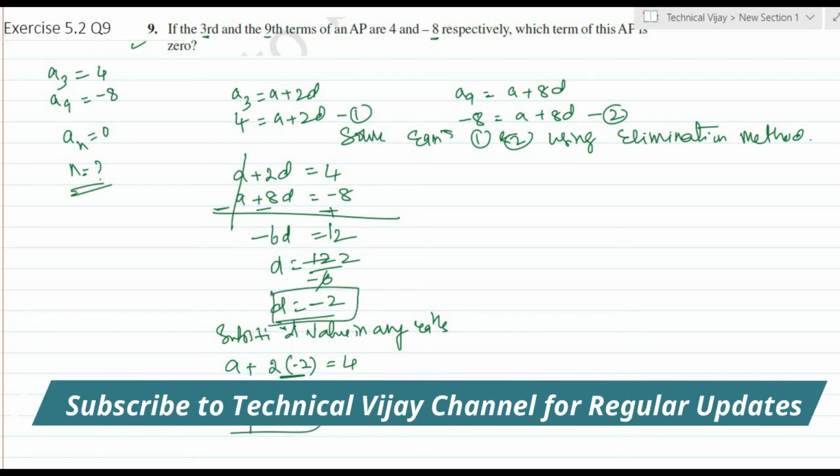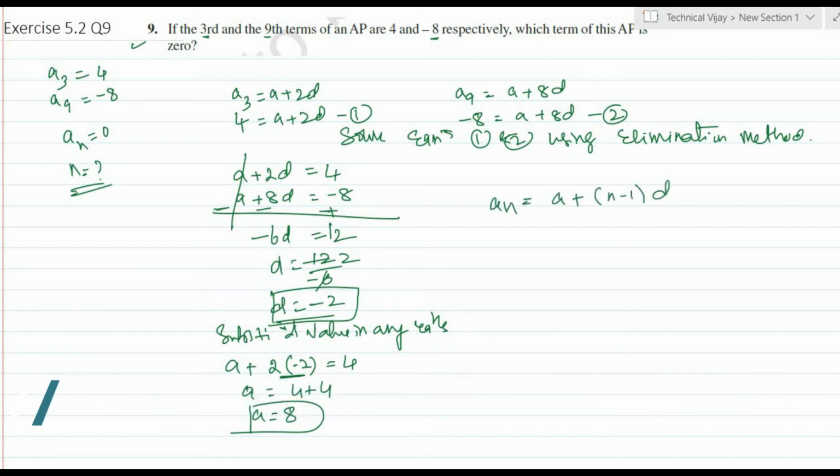So here An we have to calculate. An is equal to A plus n minus 1 into D. The number of terms, that is n, we have to calculate. An we know is equal to 0. A is equal to 8 plus n minus 1 into D, that is into minus 2. So minus 2 into n minus 1 is equal to 0 minus 8, that is minus 8.